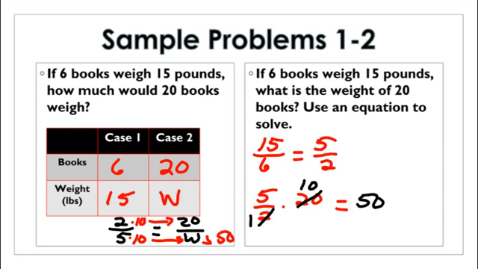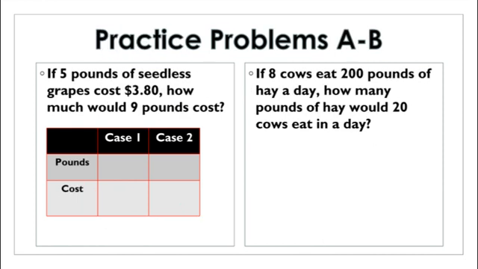Or if you didn't want to use 5/2, you can use 2.5 times 20. That would also give you 50. So there's just two ways of solving a rate problem, using ratio boxes or using the equation. Let's take a look at another example.